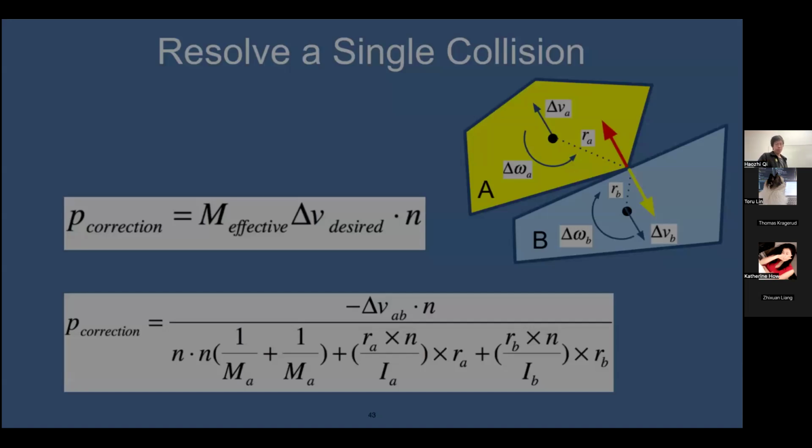And also, this is how the simulator resolves collisions. Again, this derivation is a little bit complex. And the point in this figure is to say, in collision detection, we are actually doing this.